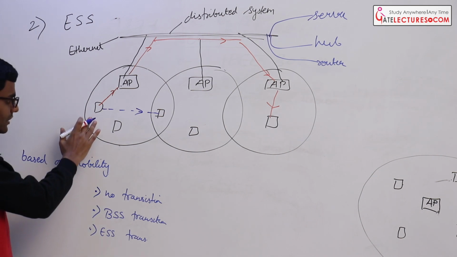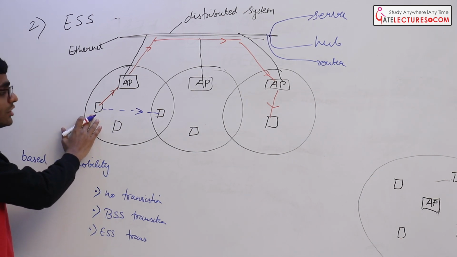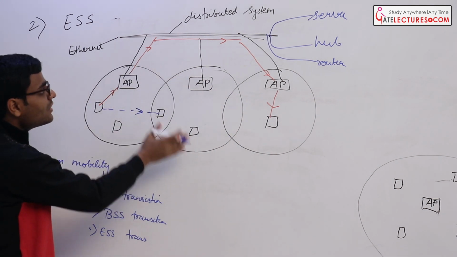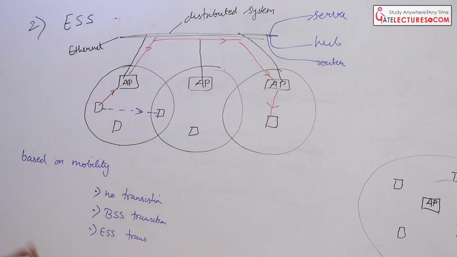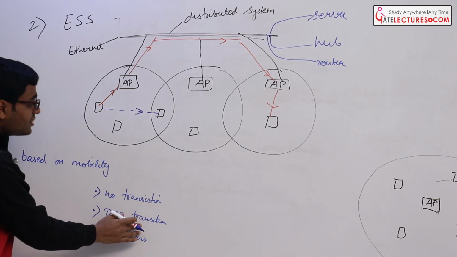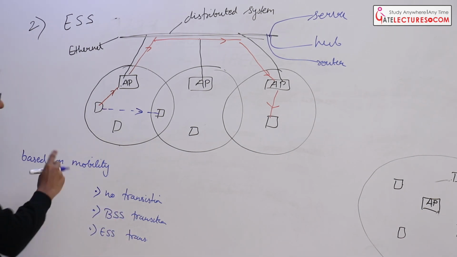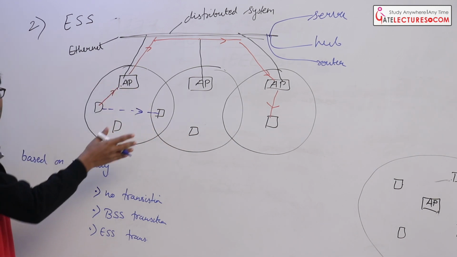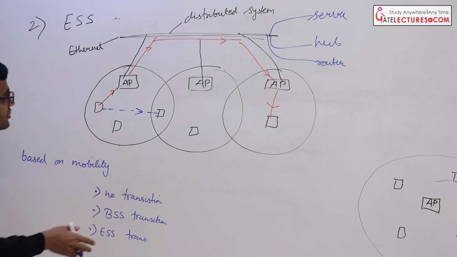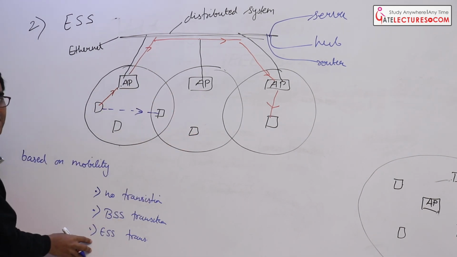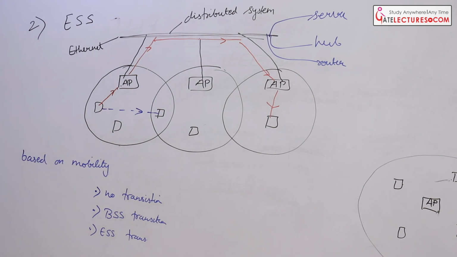If a node or a station has the capability to move to other BSSs which are part of the same ESS, then that station will be called a BSS transition station. It can move within the BSSs which are part of a single ESS. And if the station has the capability to move outside the ESS also, we call it an ESS transition station.